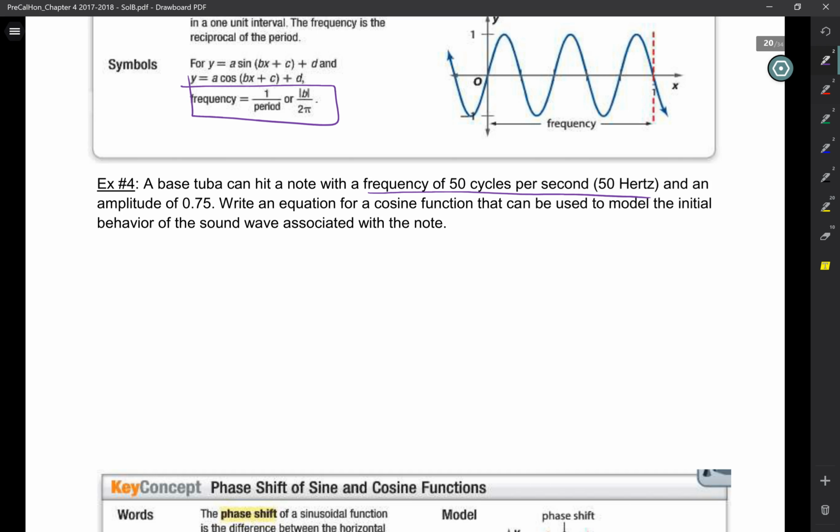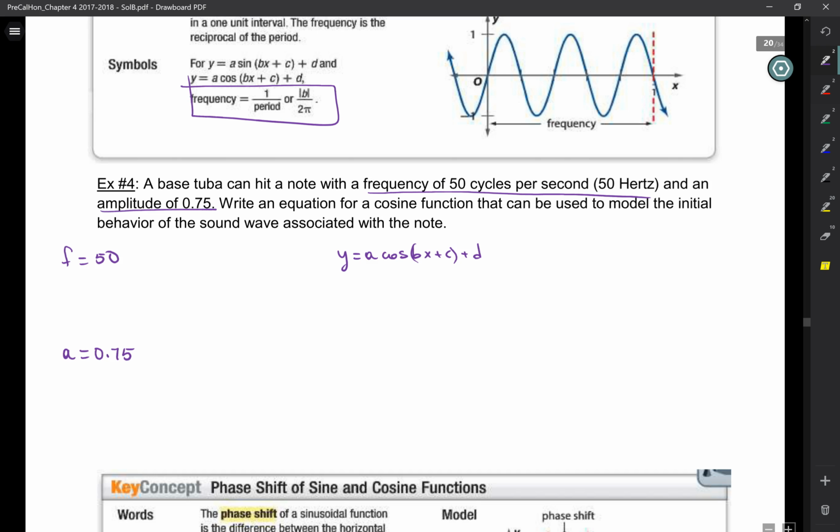And so this has a frequency of 50 cycles per second and an amplitude, that's A, of 0.75. And it says to write an equation for a cosine function that can be used to model the initial behavior with this note. Well, what is the general form for a cosine function? They always look the same, and it's this.